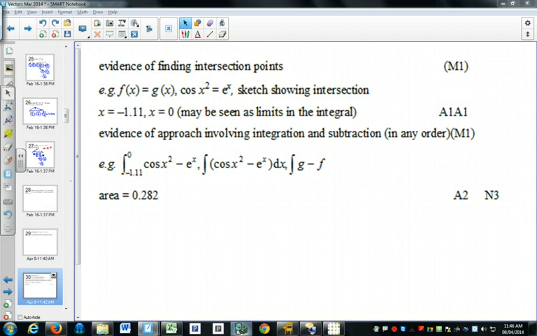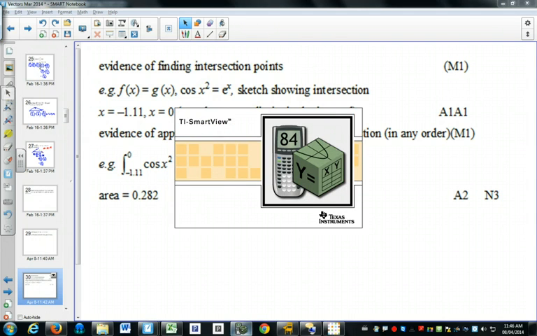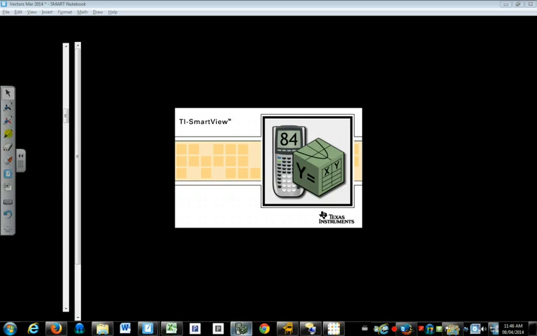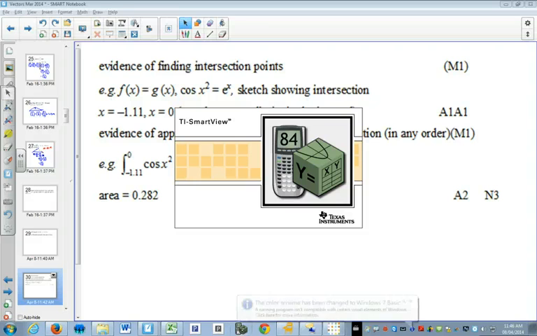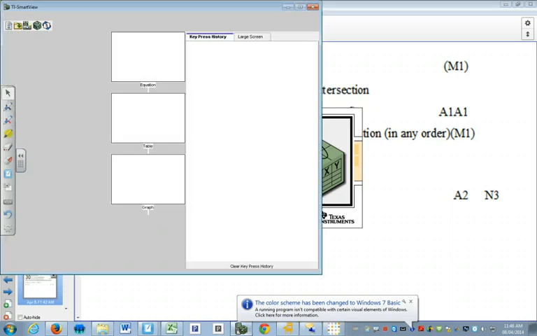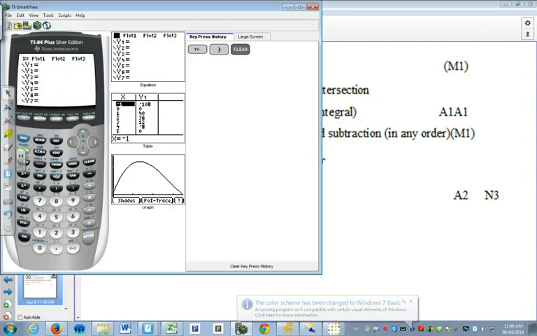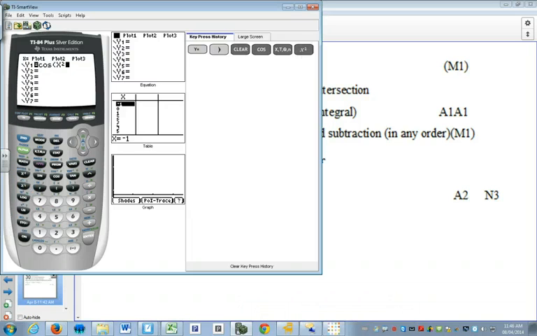So here's our calculator. I'm going to quickly graph cos x squared and e to the x so you can see what that looks like. Clear this. Cos x squared, and e to the x.